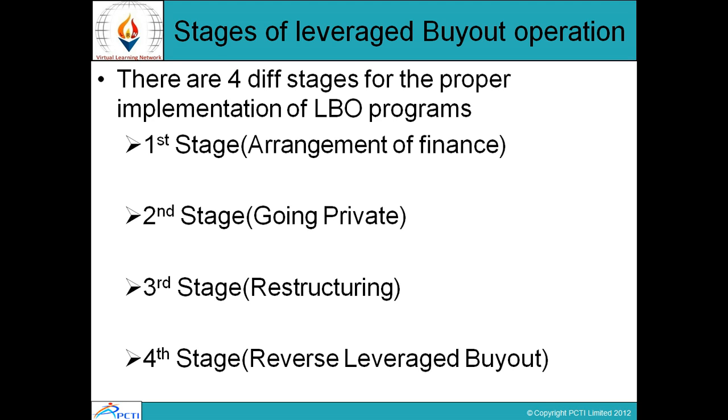The equity base of the new firm consists of around 10% of the cash put up by the company's top management or buyout specialist. The second stage consists of going private. In this stage, the organizing or sponsoring group purchases all the outstanding shares of the target company and takes it private through a stock purchase format, or purchases all assets through an asset purchasing format.